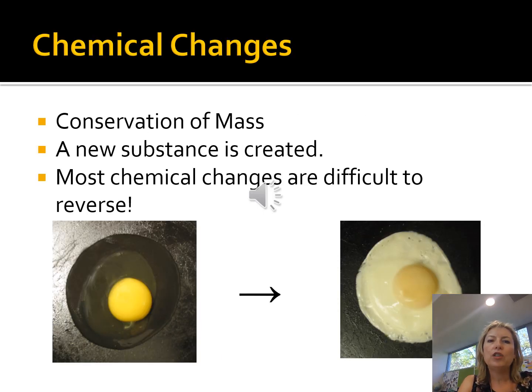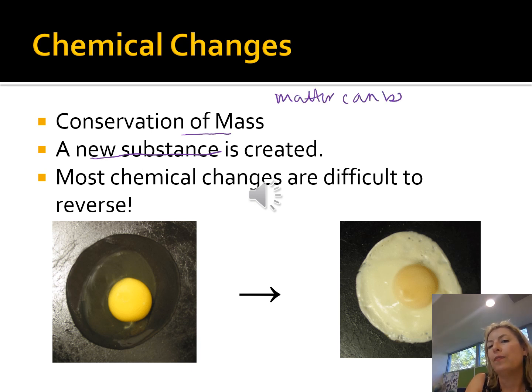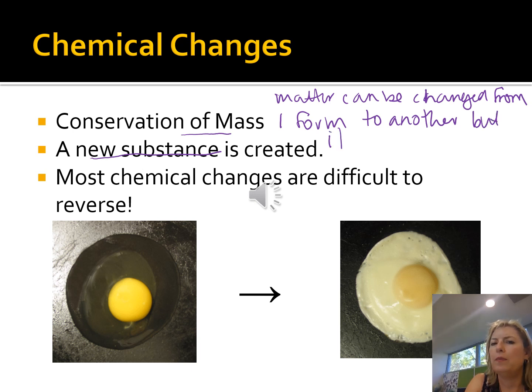Now, chemical changes, you get a new substance created. It has to obey the conservation of mass, and that says that matter can be changed from one form to another, but it must be conserved.